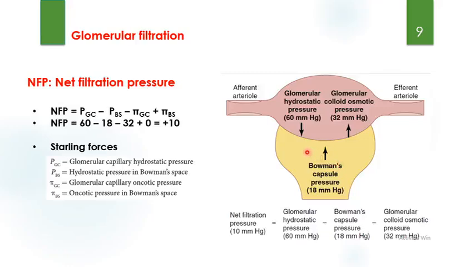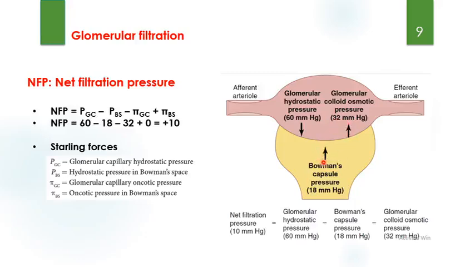Let's consider the values. The hydrostatic pressure inside the glomerular capillary is 60 mm of mercury, favoring filtration, but the colloid osmotic pressure is 32 mm of mercury, which opposes filtration.